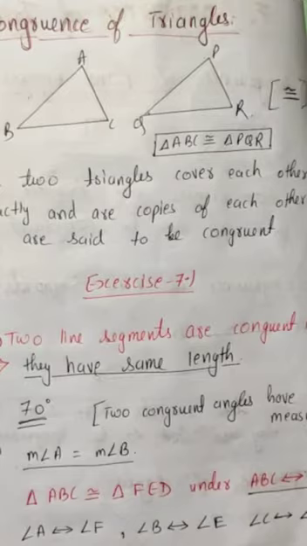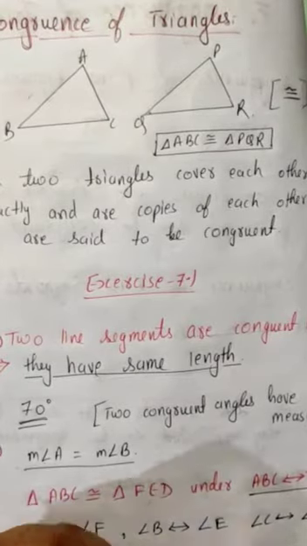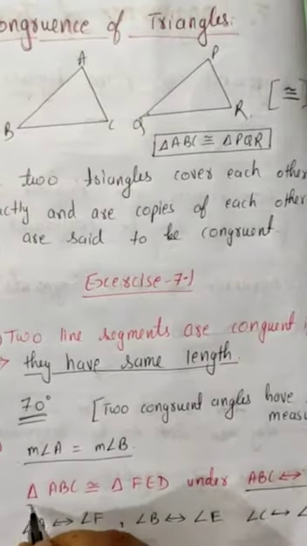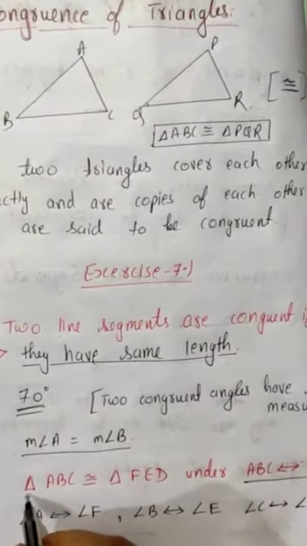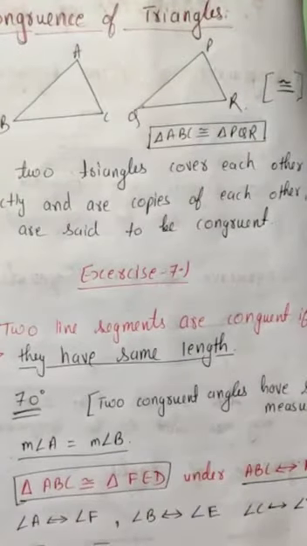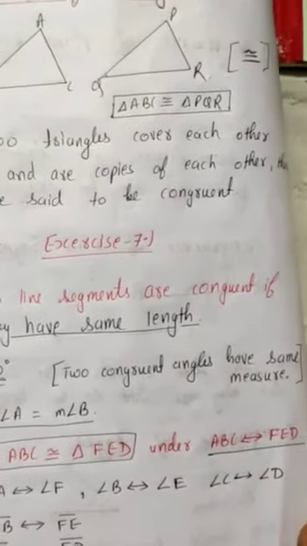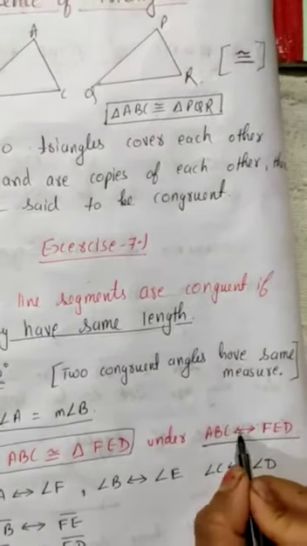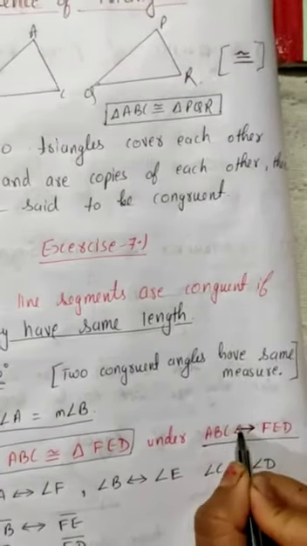Now question number 3. What is given to you? You are given that triangle ABC is congruent to triangle FED. These two triangles are congruent. Under the correspondence ABC, ये जो sign होता है, this sign is for correspondence.